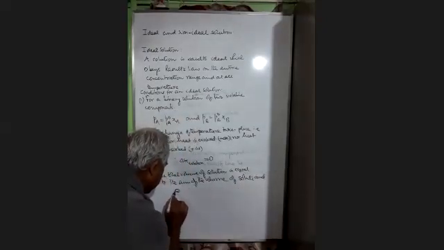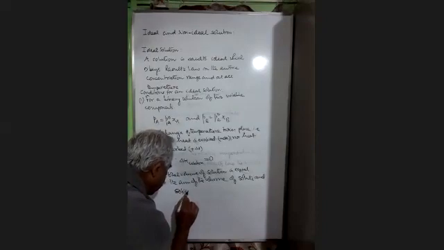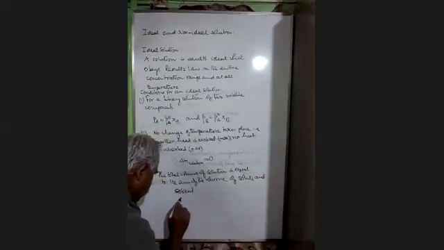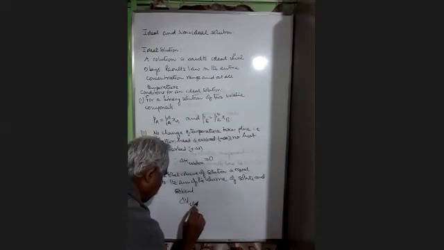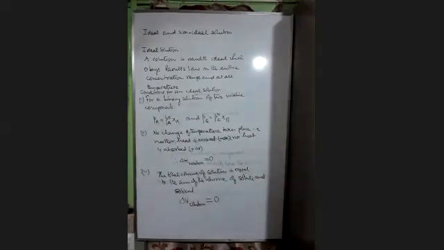Whatever volume you thought, exactly it is like this. So delta volume of solution is equal to 0. It is neither less than the total volume expected nor more than that. It will be 30 plus 70 is 100. There is no change in the volume. So these are the three conditions.